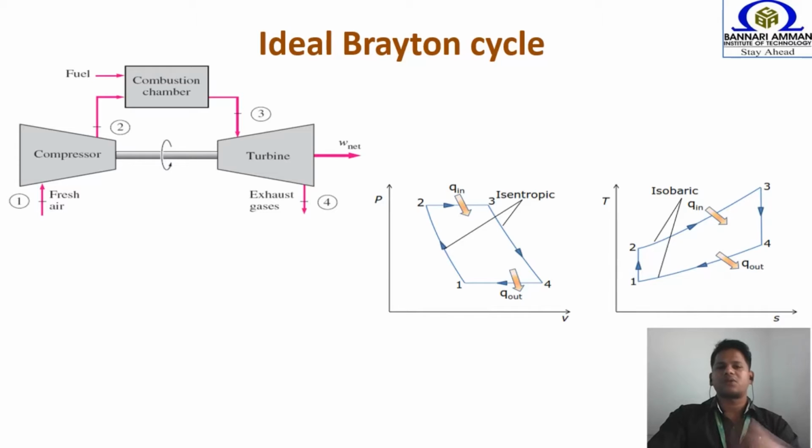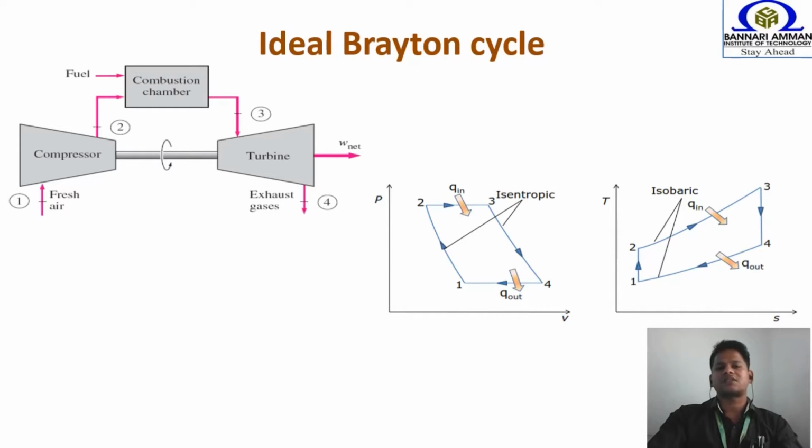Third process is isentropic expansion, which is just the opposite of the compression process. And the fourth process is isobaric heat rejection. In the first process we have to supply the work energy. In the second process, we have to supply the heat energy.